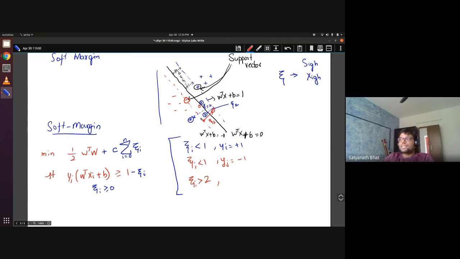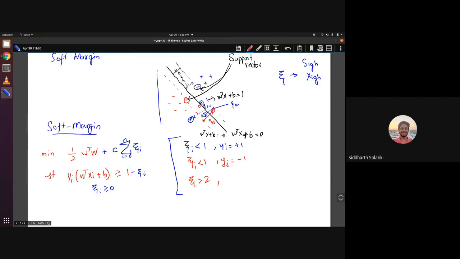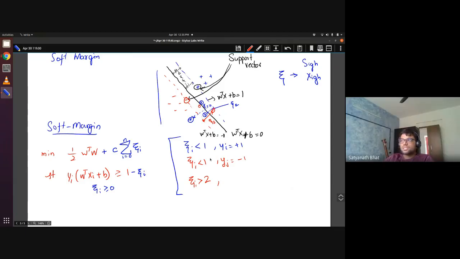If it is a number less than 1, you are still okay; if it is greater than 1, you are in the wrong space, that's what you're saying, correct? Yes, sir. But I am saying it is not just greater than 1. Any Xi strictly greater than 0 is a problem, because I wanted to separate with a margin. I wanted a clean region where nobody is residing.